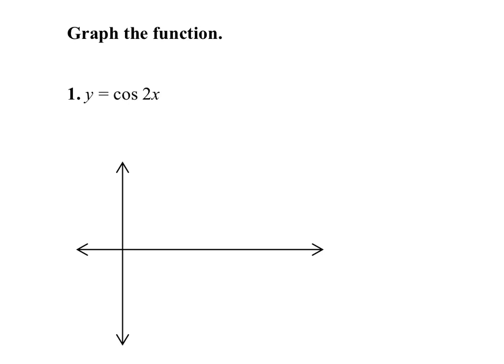Alright, on the back, let's review a cosine graph. So this has an amplitude of 1. So we go up to 1 and down to -1. The period for this is going to be 360 divided by 2. So the period is going to be 180. We want to cut that in 4. So these will be an increment of 45 degrees.